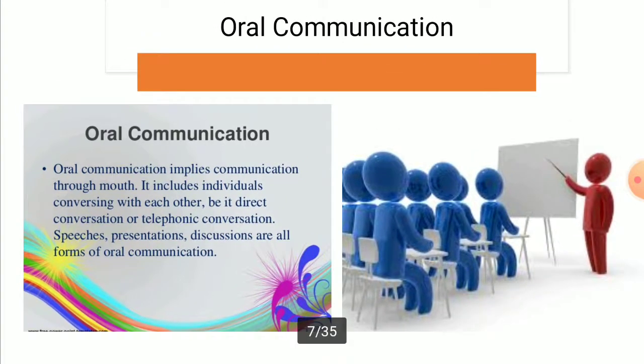For example, telephonic conversation is there, direct conversation is there, that can be called face-to-face communication. Speeches are also there, presentations are there, discussions are there, and all these are the forms of oral communication that we do in every business organization. I hope this much is enough for oral communication, and you have understood the concept of oral communication thoroughly.